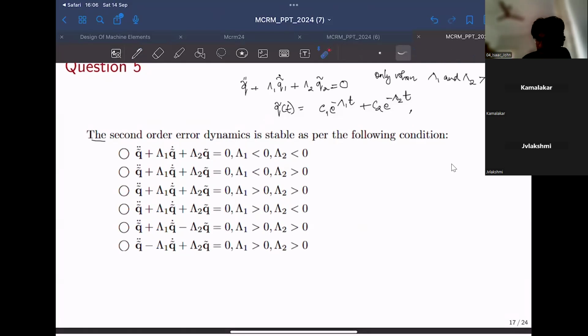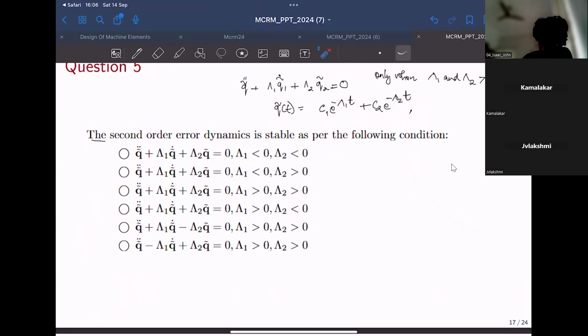So if lambda 1 and lambda 2 are less than 0, these terms become positive. So as time grows, these terms will grow exponentially. But if lambda 1 and lambda 2 are positive, this will become negative lambda t. So as time goes, both of these terms would decrease. So C and D are the same. That is what I've got as this answer.